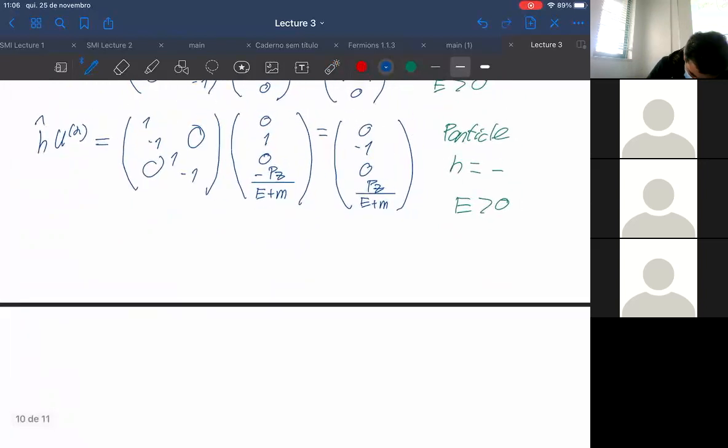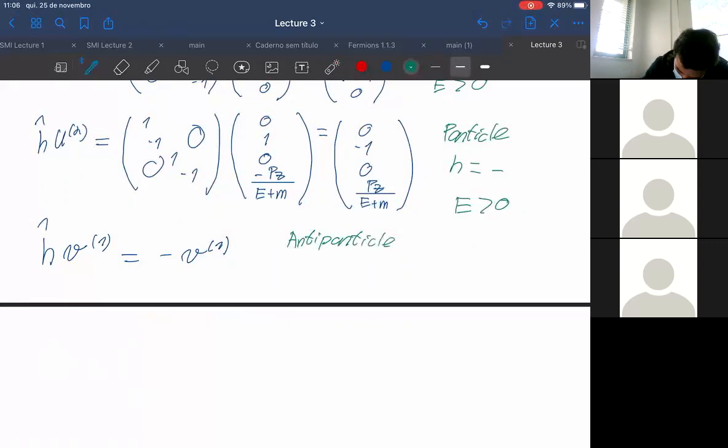So you can do the same for H V1. And H V1 will give you minus V1. So this is going to be an antiparticle, with negative helicity and positive energy.